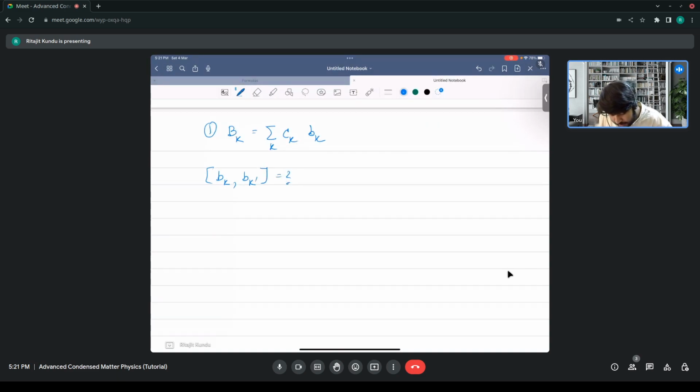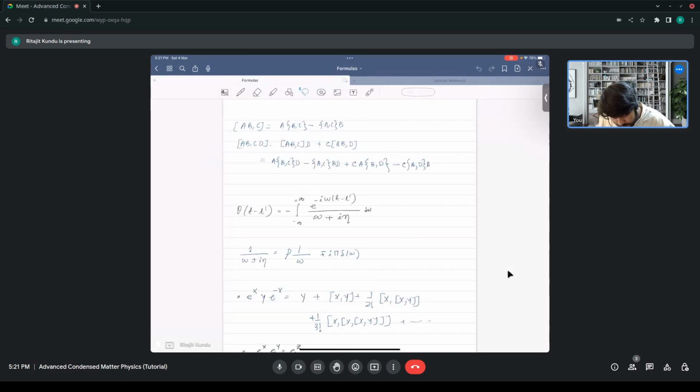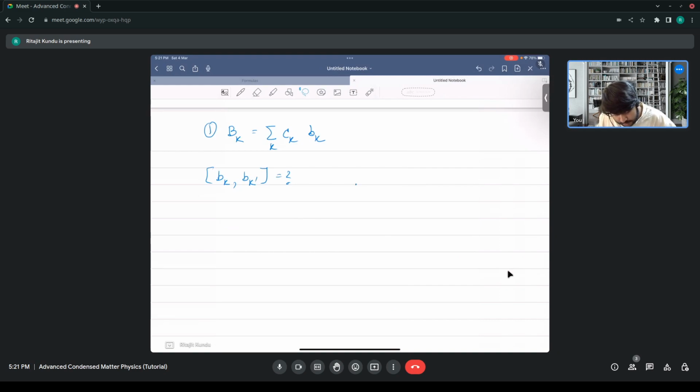Let me pull out a nice identity which will be quite useful in this case. Given four operators, the commutator of four operators reduces the whole thing into a set of anti-commutators, which is useful if you are dealing with fermions.